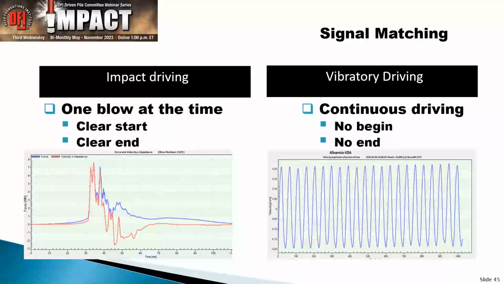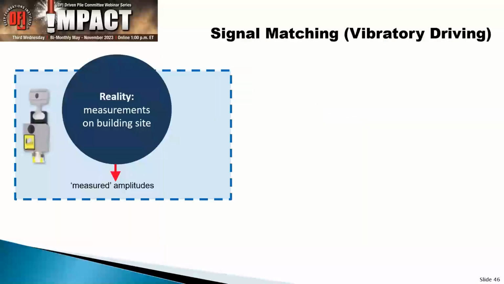Because if the amplitudes of your measured signals match the amplitude of your calculated signals, then you have a correct soil model. So you can do this whole thing, but you need to look at amplitudes, and quite often people are still talking about vibratory amplitude matching, which is basically the equivalent of signal matching, or what is here in this country often referred to as CAPWAP, using the name of the software that's often used.